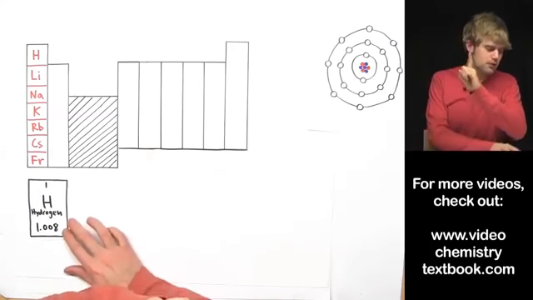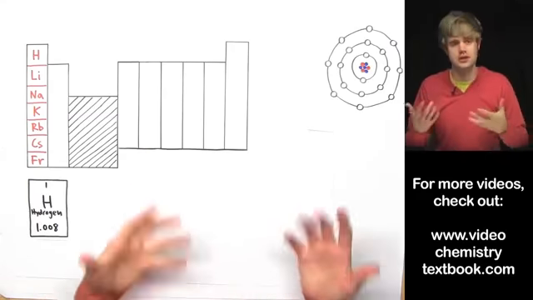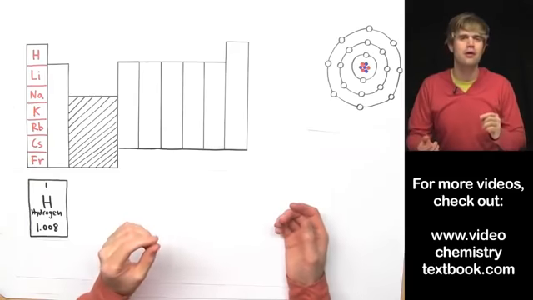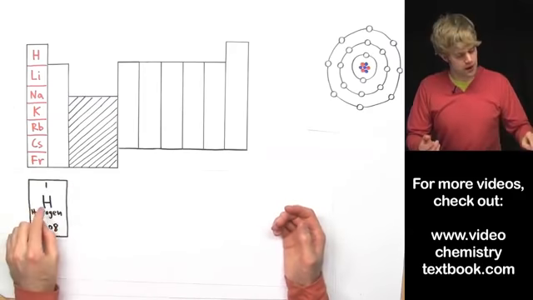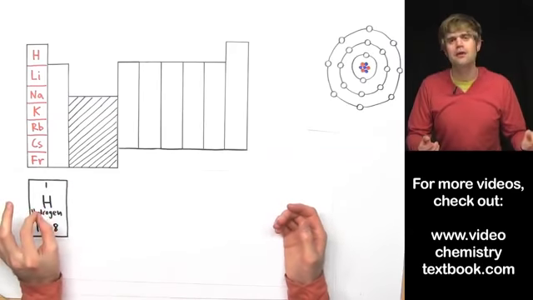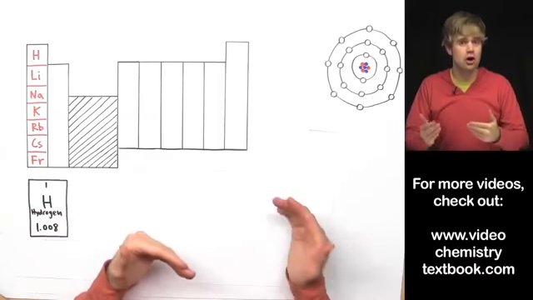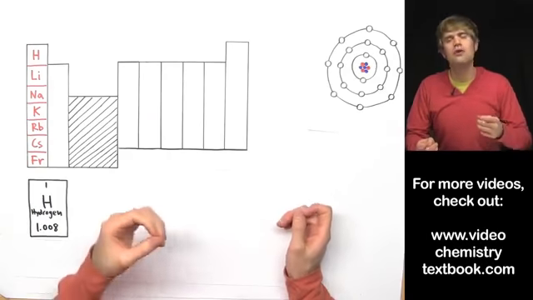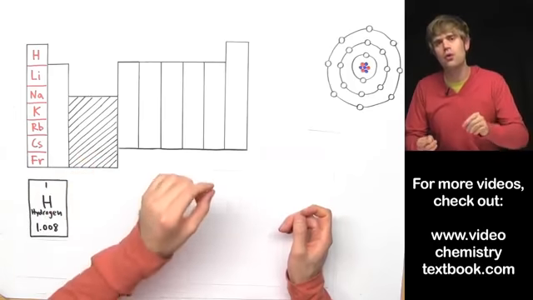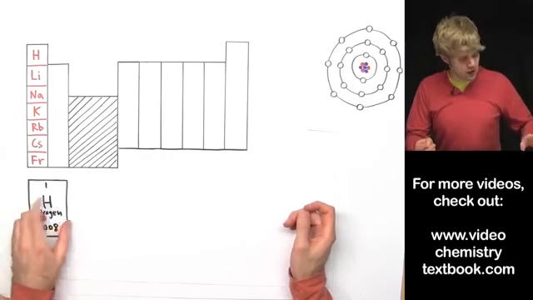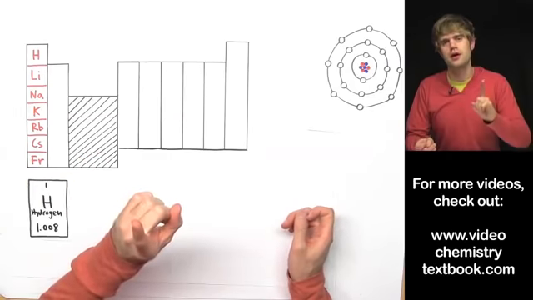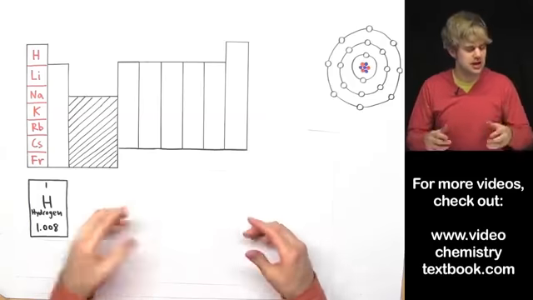So there's 1 proton in hydrogen. That's what its atomic number is. Now, if we assume that this hydrogen atom doesn't have a charge, then the number of electrons is going to equal the number of protons.